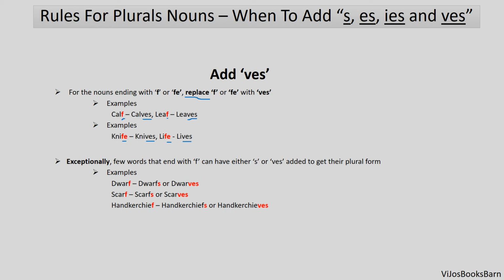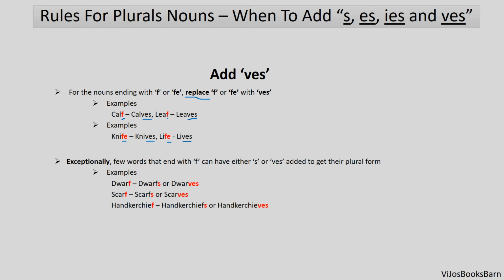These are those words: dwarf, scarf, handkerchief. These words can have either an S or VES added to them to make the plural form.